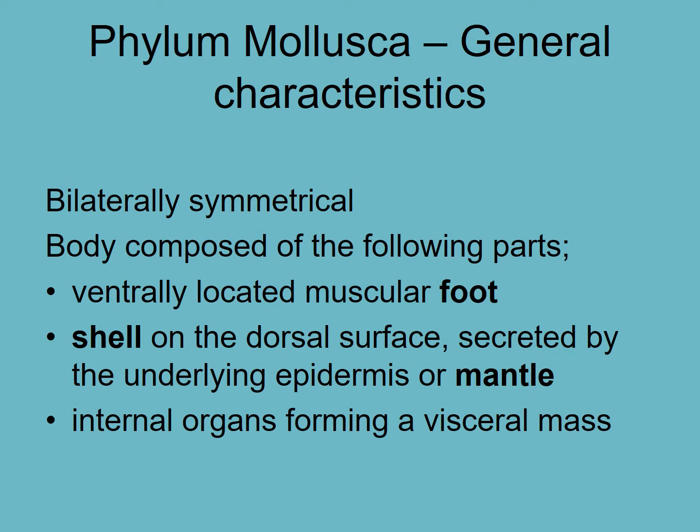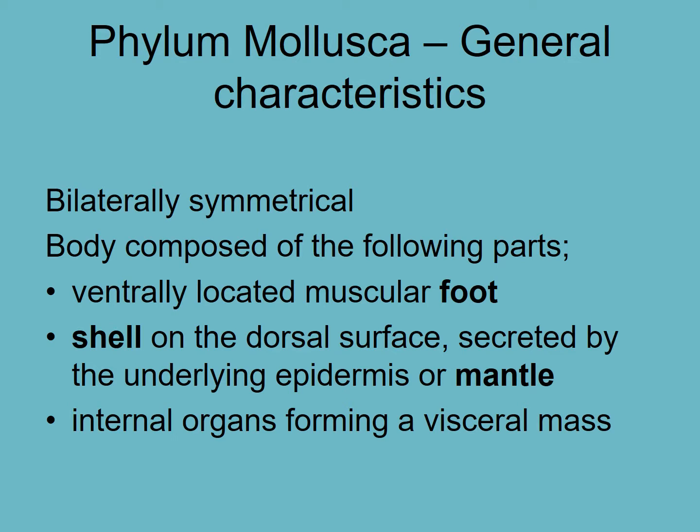The general characteristics of molluscs. All right, they're bilaterally symmetrical. And in order to recognize a mollusc, you need to know that they have three different parts of their body, and all molluscs have these. There is the muscular foot, which is what they generally crawl along on, but can be specialized into tentacles, for example, in an octopus.